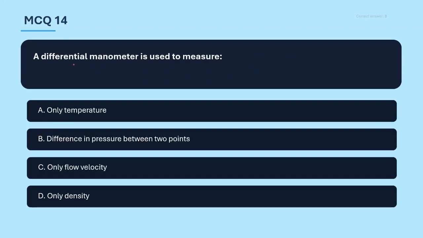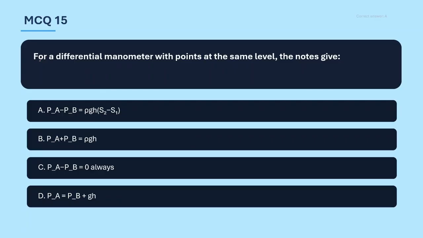Question number 14: a differential manometer is used to measure pressure difference between 2 points. For a differential manometer with points at the same level, the notes give the equation. So this is P1 minus P2 equals rho g h (S2 minus S1). Option A is correct.